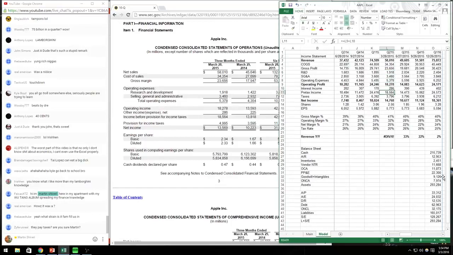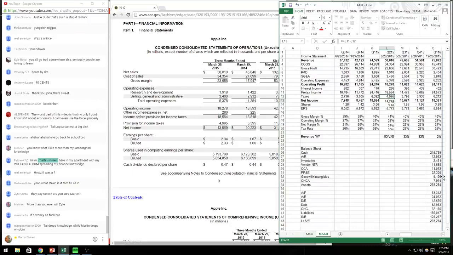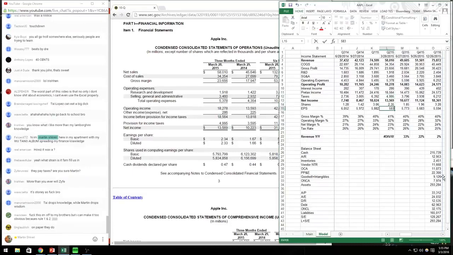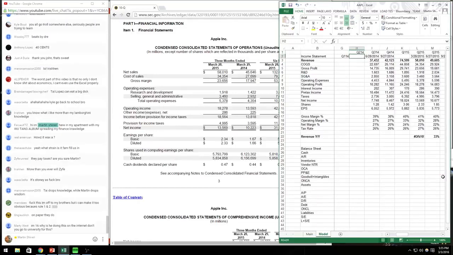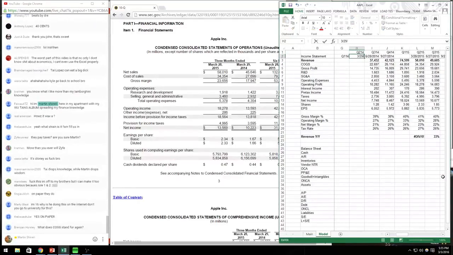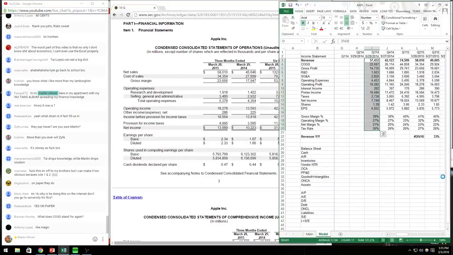Some people like to color code everything, and I'm not a big fan of that. I don't think you should do too much coloring or too much bolding. I don't typically bold most of this stuff. It's not really helpful to do so. I've seen Excel models that look like rainbows. They spend more time on their color coding than they do on the data. I don't like that.